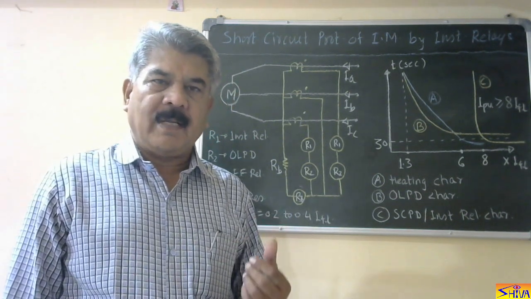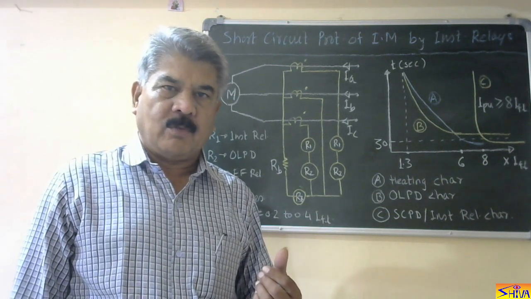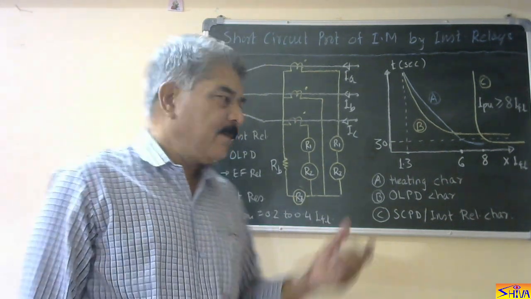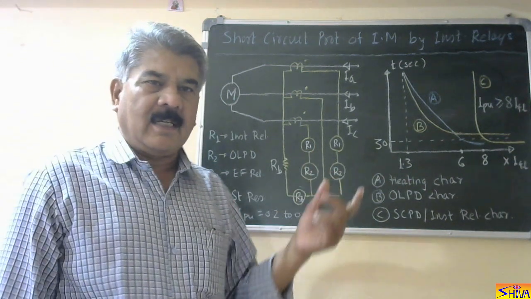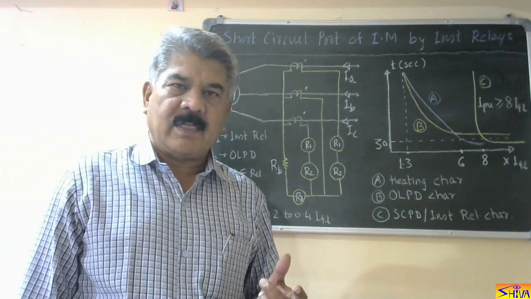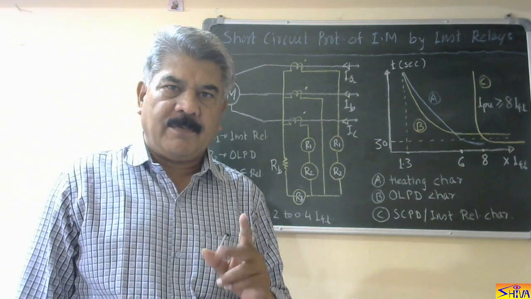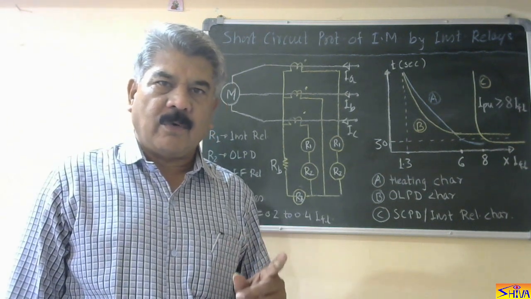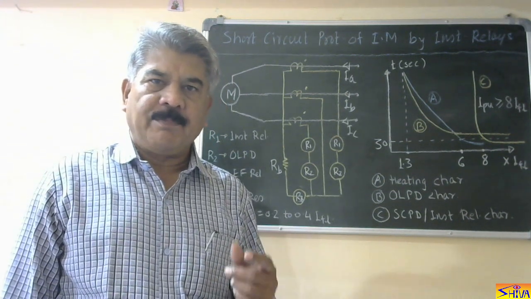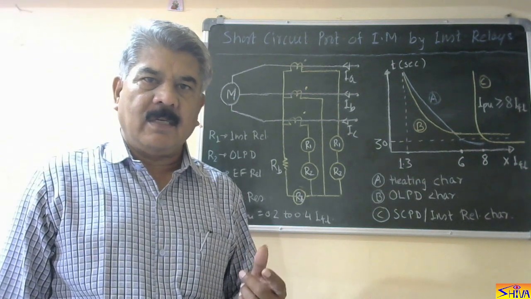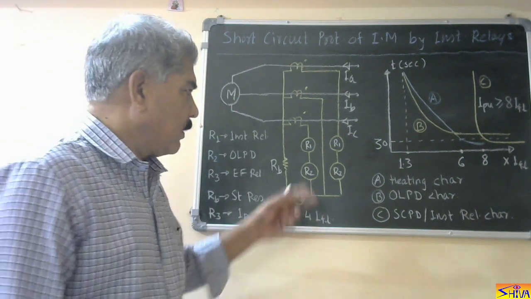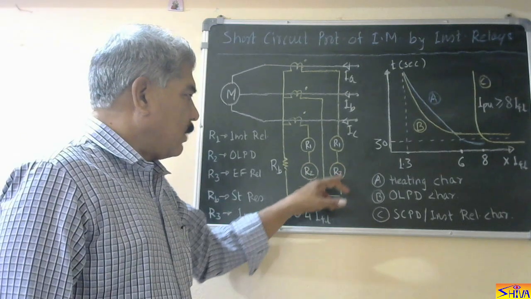So it should not be less than 6 times full load current of the motor. To be on the safer side, pickup of these instantaneous relays is selected 8 to 16 times full load current. Pickup of instantaneous relays used for short circuit protection in induction motor is from 8 to 16 times full load current.